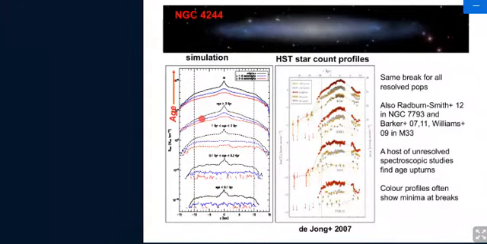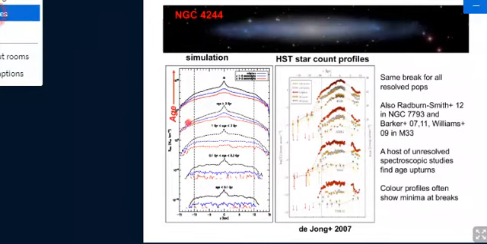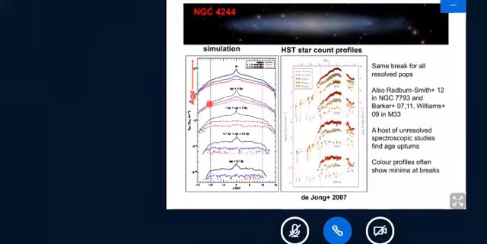Now, this type of analysis has been repeated multiple times, showing that there is also an age minimum over here, because as you reach this point, you have young stars over there, but then the number of young stars drops off dramatically, whereas you have the older stars. So this point represents a location where the age is a minimum.